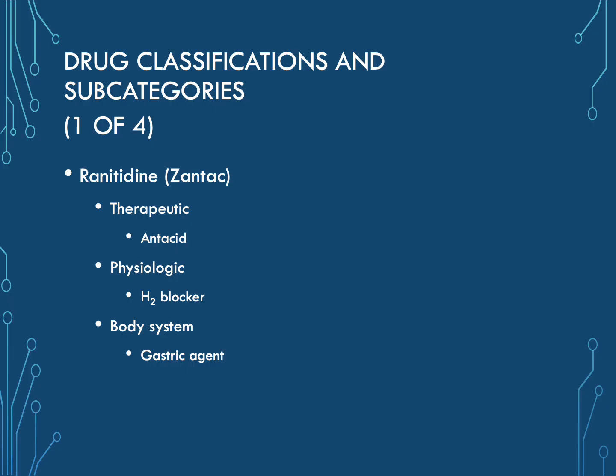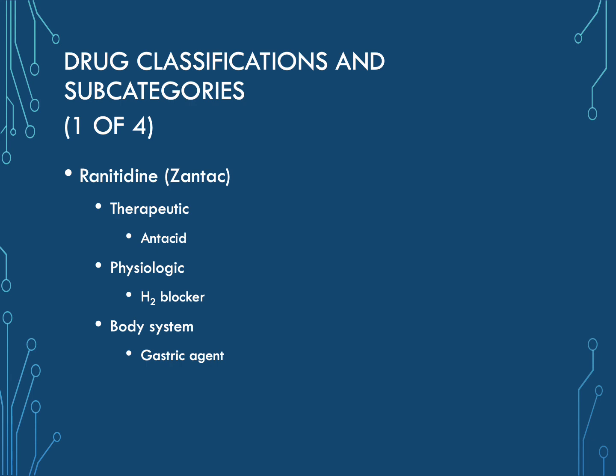All right, we're motoring through here. We are on to talk a little bit more about just how we classify and subcategorize drugs. So remember, drugs can fall under more than one classification, and ranitidine or Zantac is a good example of that.